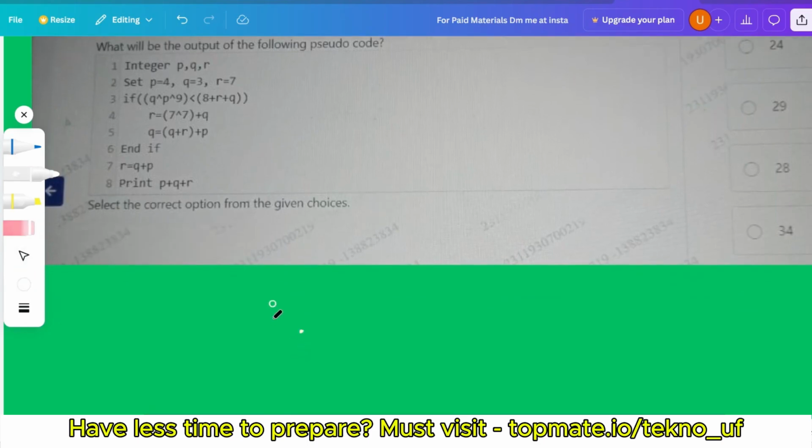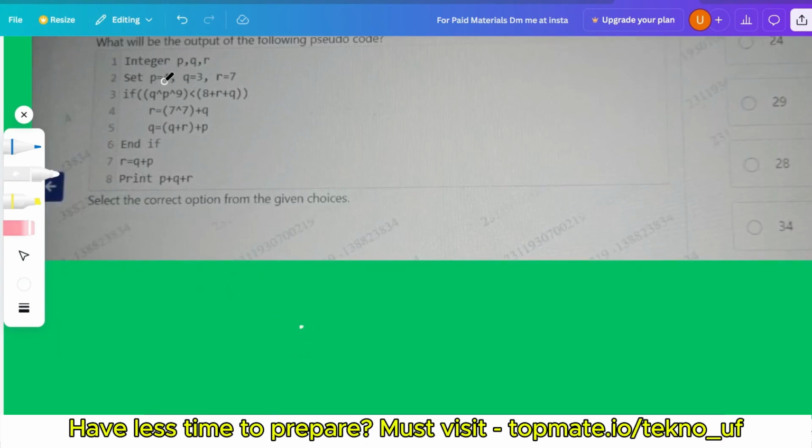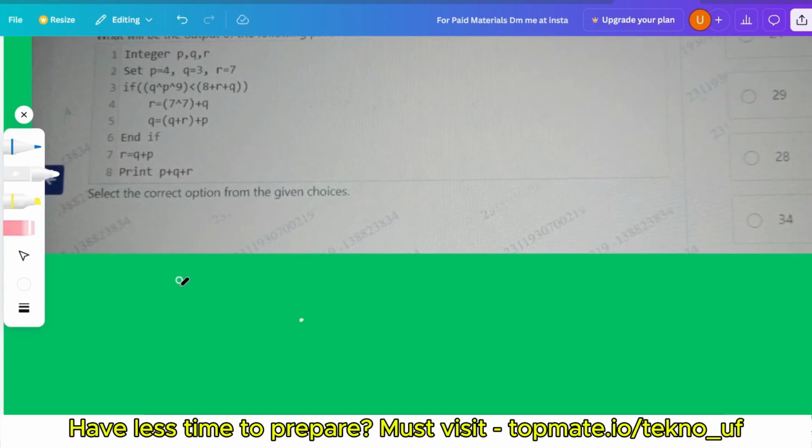So at first the values of p, q, r are initialized. And it is checking if q XOR p XOR 9 is lesser than this value. So let's calculate that. q means 3, and 3's equivalent value is 0 1 1.